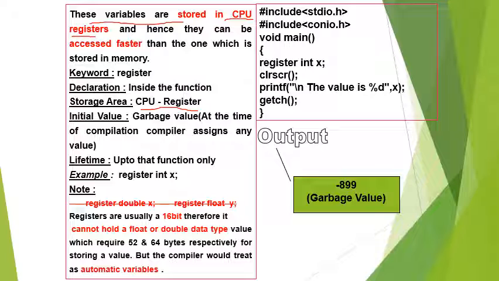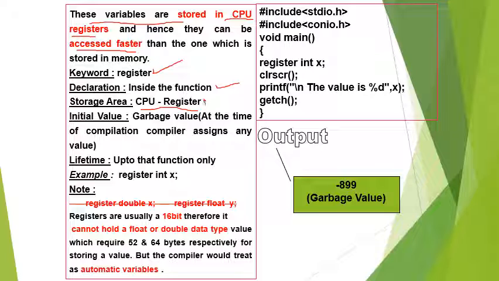So it will be faster. It can be accessed faster, because we have already studied the memory hierarchy. So if we have the value in registers, it can be accessed fast by the CPU. The keyword used for the register variable is register, and the declaration will be inside the function, likewise the local variable, which is declared inside a function.